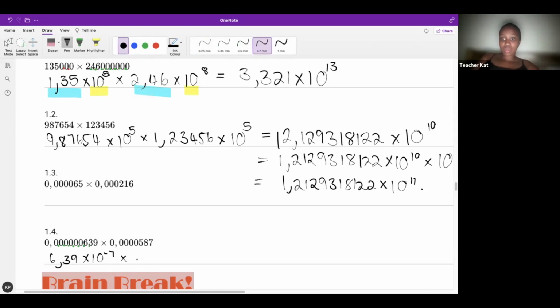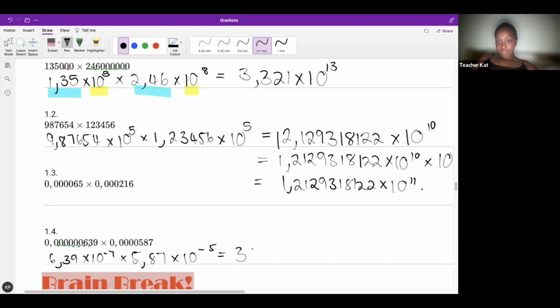Second number, where do I want this number? After the 5, so it's 5,87. Once again, we're moving it to the right, so I'm going to have a negative exponent. How many times are we moving it? 5. 1, 2, 3, 4, 5. Now, what's 6,39 times 5,87?